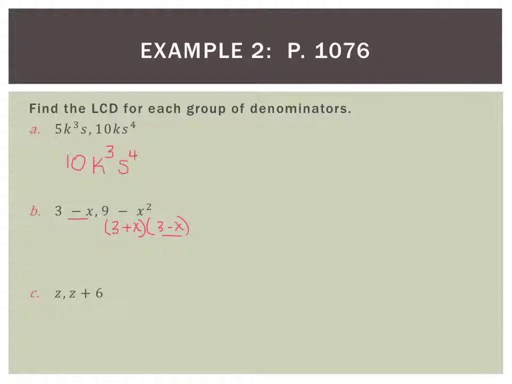And then we need to multiply by the 3 plus x. So the LCD is going to be 3 plus x times 3 minus x. And then C is z and z plus 6. So my LCD is going to be z times z plus 6.